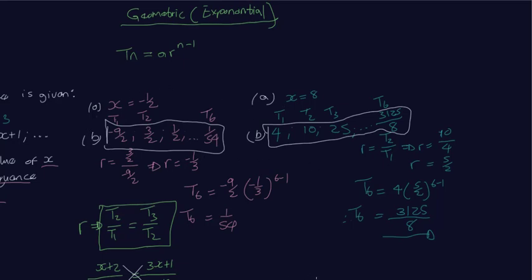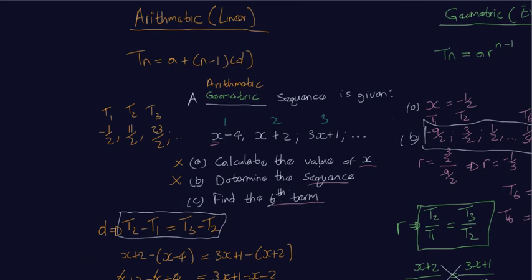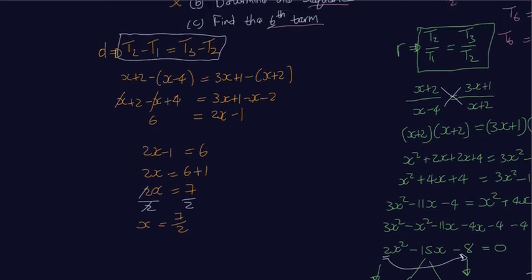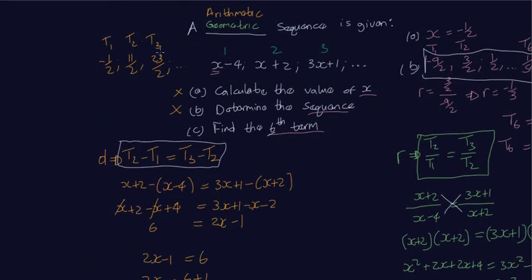And then for the arithmetic sequence, we do the same to find the 6th term. So the sequence we found, the common difference is term 2 minus term 1. Term 2 is 11 over 2 minus negative 1 over 2, so it's 11 over 2 plus 1 over 2.